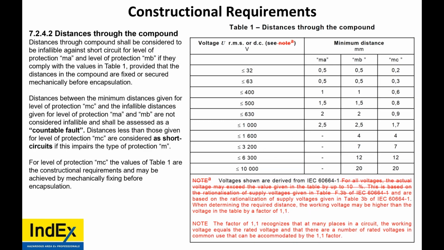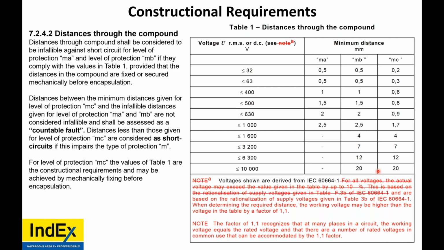So, what about distances through the compound? As the voltage goes up, the required distance goes up. But as we know, MA for zone zeros can only go up to 1,000 volts. So you have to have a minimum of 2.5 mil compound in between everything in the device. But as you get to MB and MC, you can get up to 20 millimeters thickness requirement.